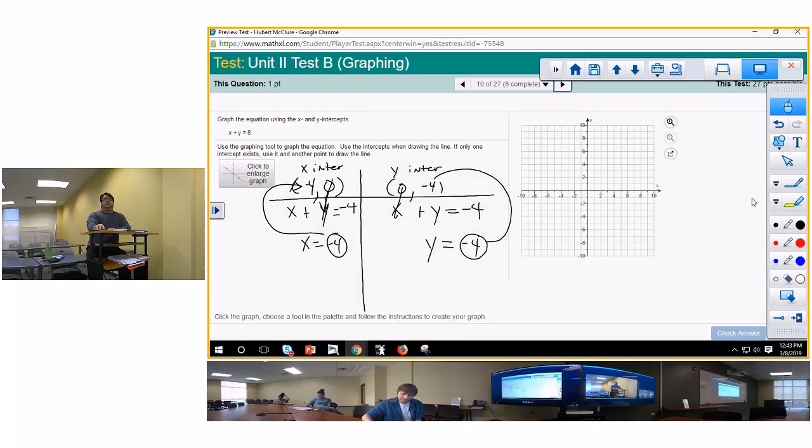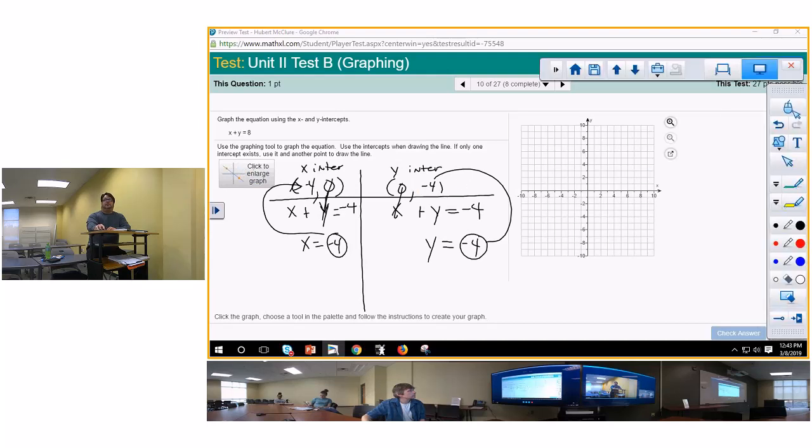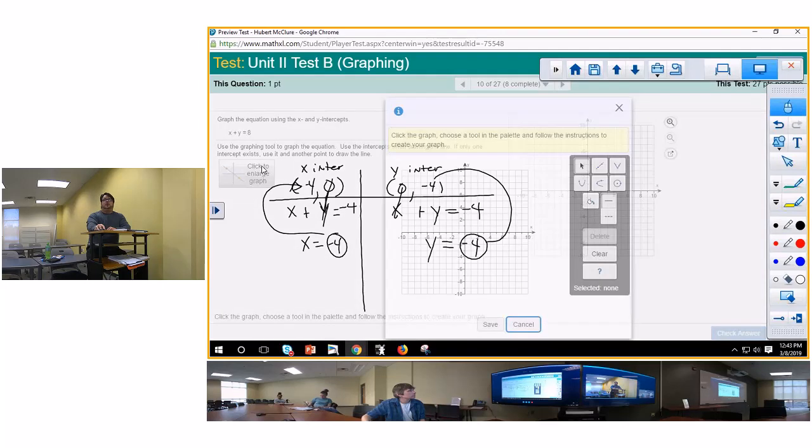So I can do that in my head. 8 and 8. Yep. So what's the y-intercept? 0 for x. So the y-intercept is 0 and 8. Well, it won't let me do it. There. 0 and 8, and the x-intercept is what? 8 and 0.